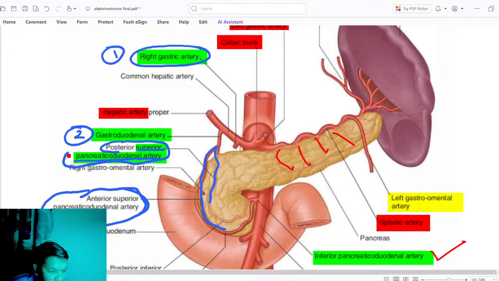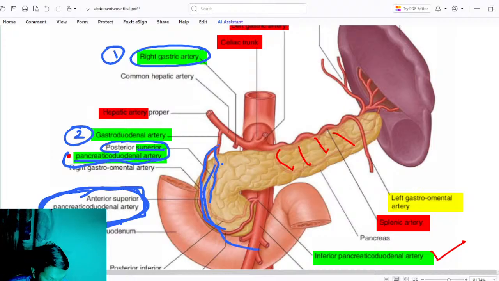And from the anterior superior pancreaticoduodenal artery. We said that the gastroduodenal artery gives two branches. One is the right gastroepiploic artery. Remember, we said during stomach blood supply, gastroduodenal artery giving two branches.